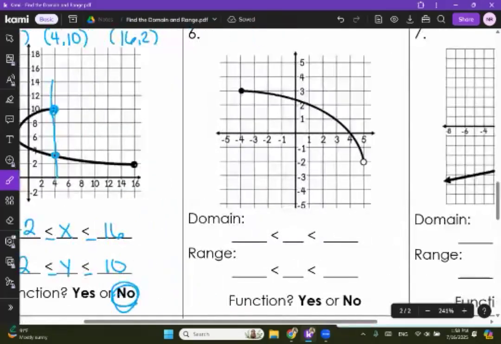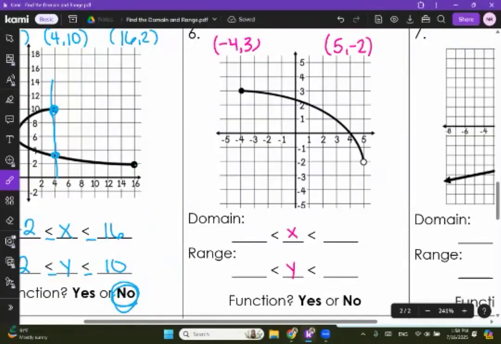Next one. This point over here is negative 4, 3. And the other point is 5, negative 2. And this one has open and closed, so I'm not going to underline yet until I know what number I'm using.